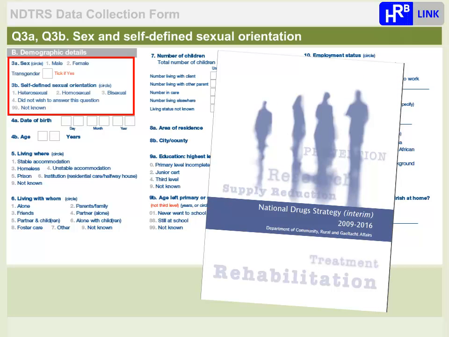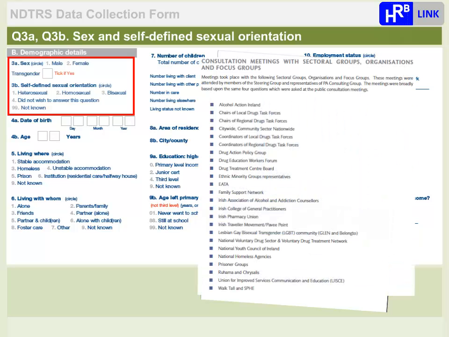A key theme that emerged throughout all stages of the consultation process for the NDS was the requirement to focus on the needs of specific communities and help them to access services tailored according to their needs. In addition to the needs of travellers, prisoners, new communities and homeless people, the other key group identified was lesbian, gay, bisexual and transgender, or LGBT people.